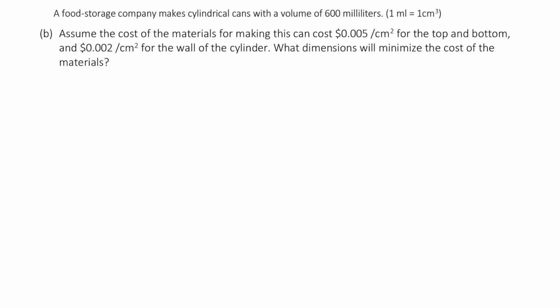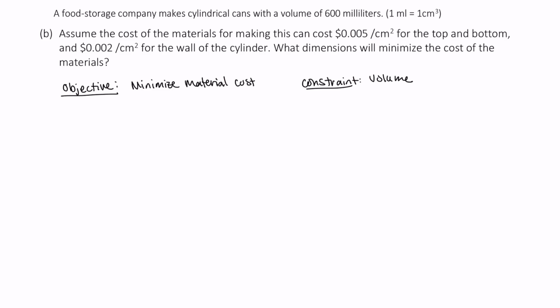We're assuming that the materials for making the can cost this much for the tops and bottoms and this much for the wall. And we want to minimize the cost. So we still want that minimal surface area. That's our objective, so minimize cost. And our constraint is still volume.